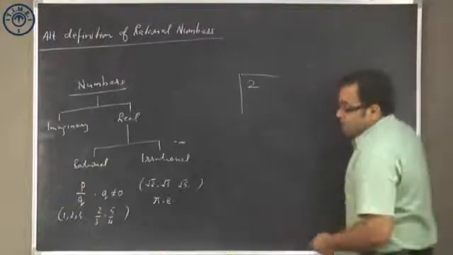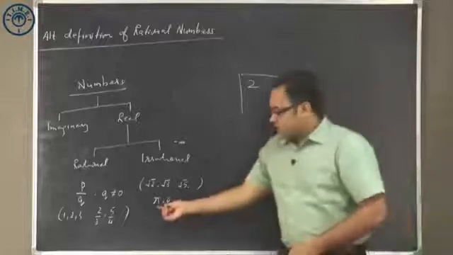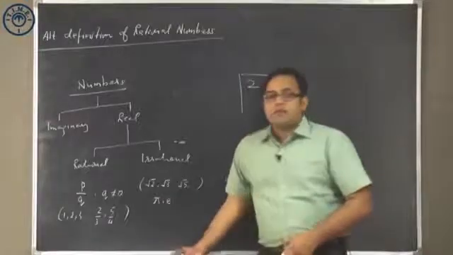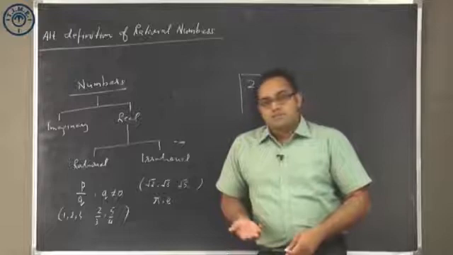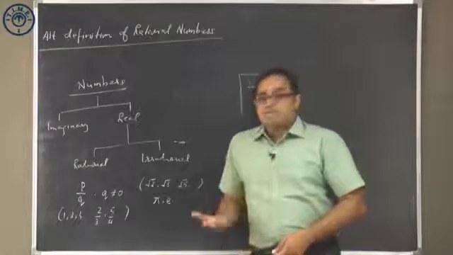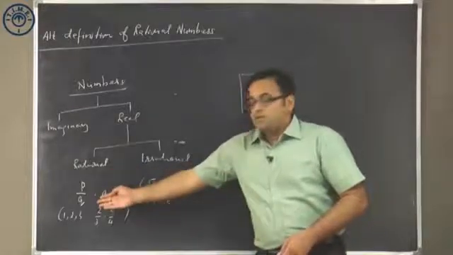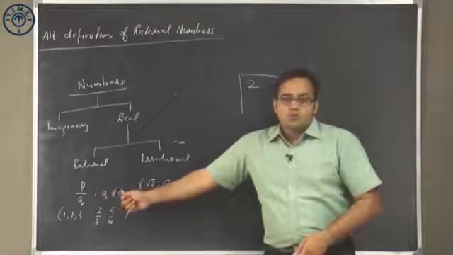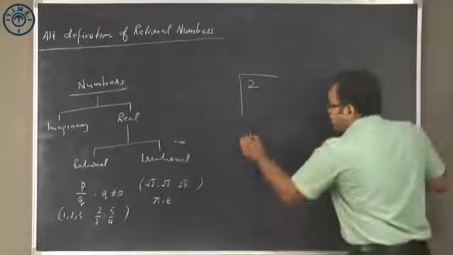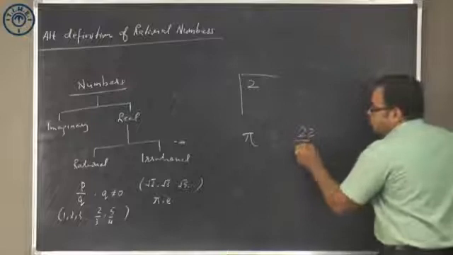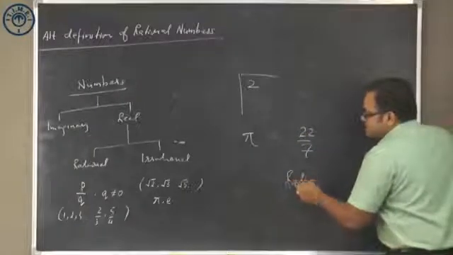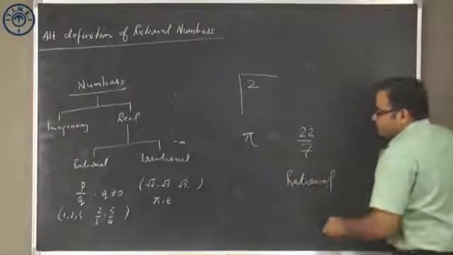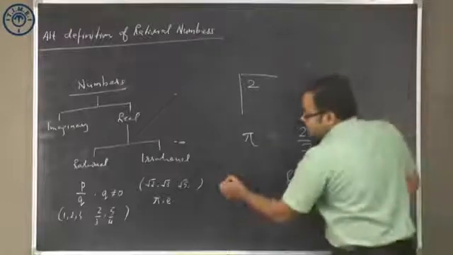Also, I have put pi on this side. Many of us would say that pi is equal to 22 by 7. Now, 22 upon 7 is definitely a number in the form p by q, where q is not equal to 0. So 22 upon 7 is rational, but we say that pi is irrational.